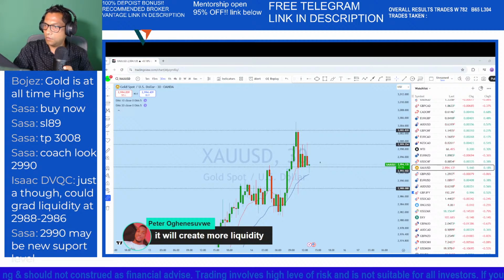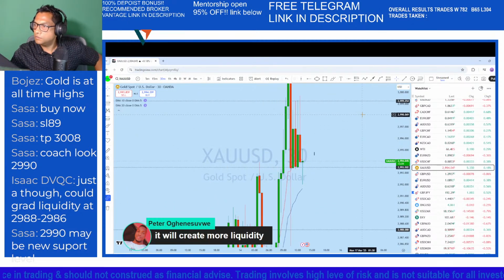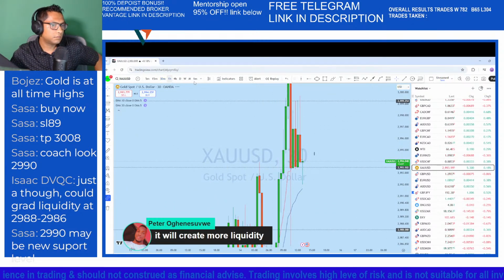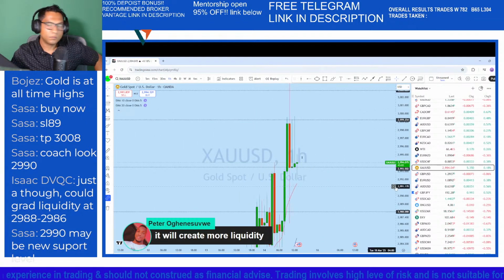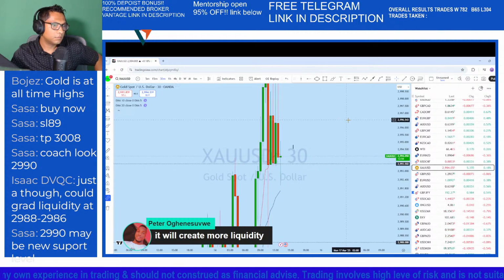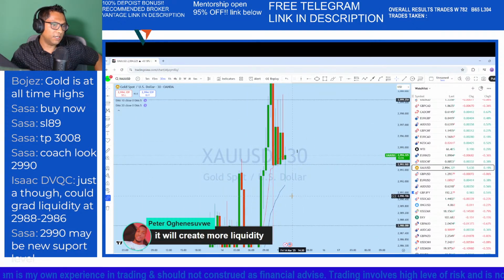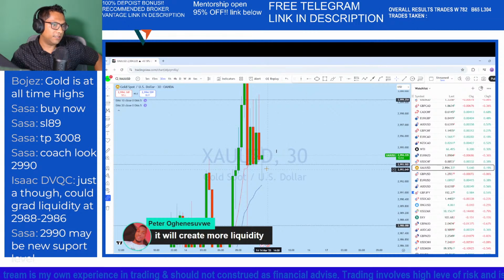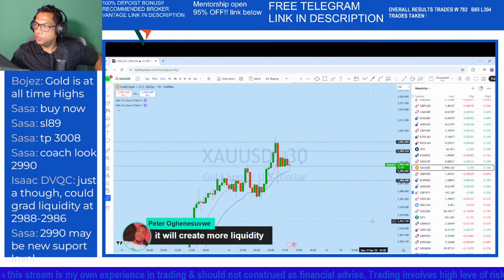So here at the moment we can see there is a rejection from this support, as there is a strong structure and the long-term trend is bullish.